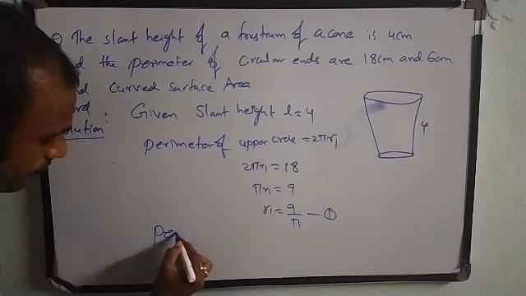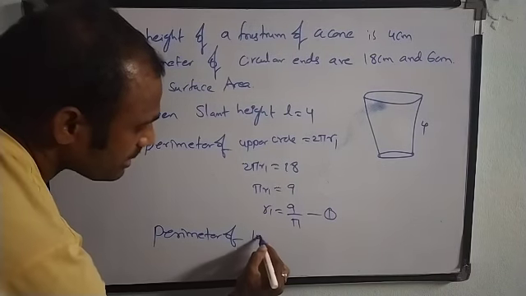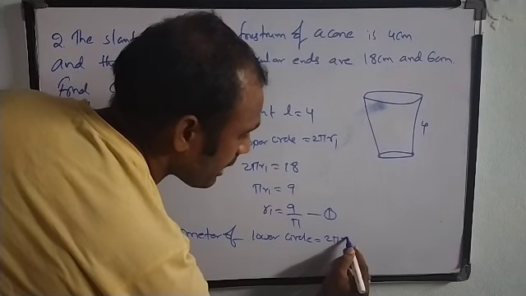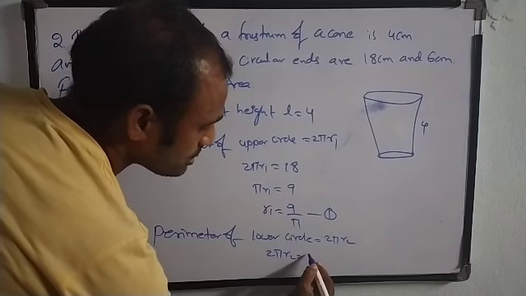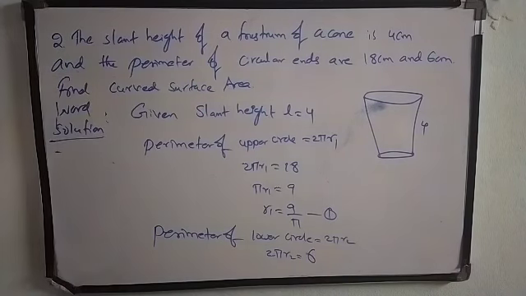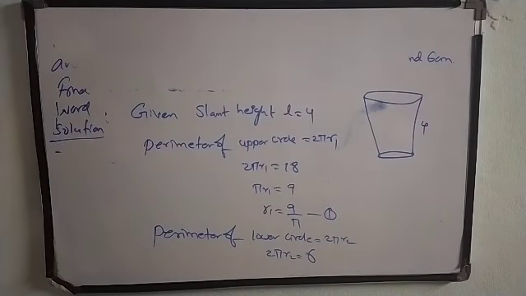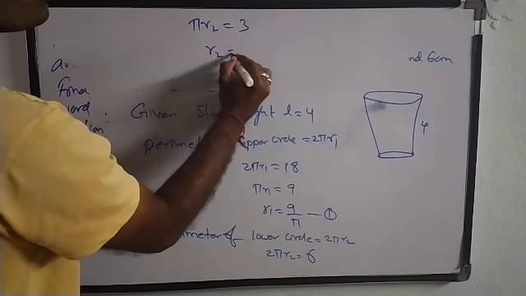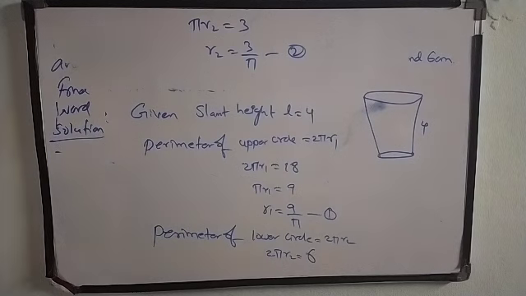Next, perimeter of lower circle, that is 2 pi r2. So 2 pi r2 is equals to 6 centimeter. So pi r2 is equals to 3, r2 is equals to 3 by pi. Keep it as second. So we need to substitute r1 and r2.